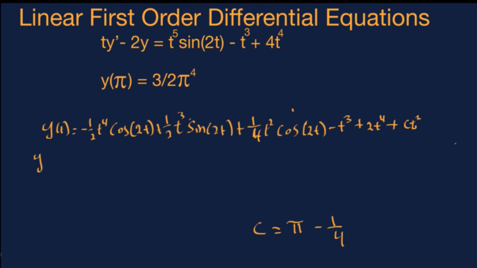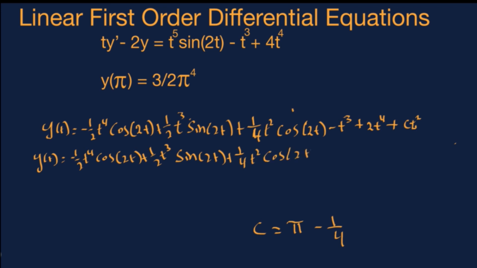y of t is equal to -1/2 times t to the fourth times cosine of 2t plus 1/2 times t cubed times sine of 2t plus 1/4 times t squared times cosine of 2t minus t cubed plus 2t to the fourth plus pi t squared minus 1/4 t squared.